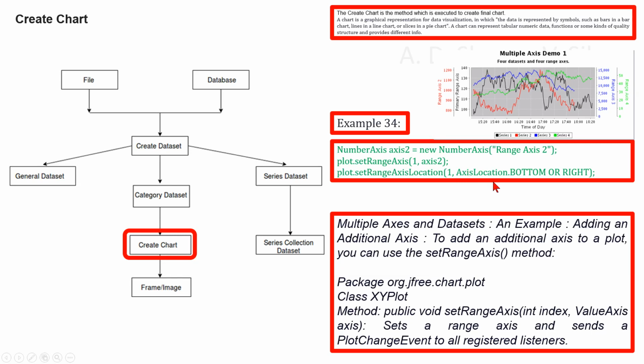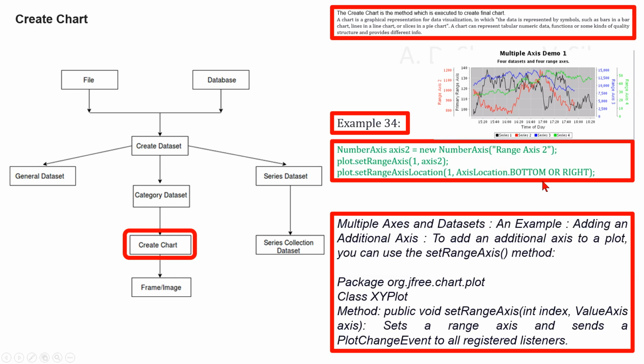An example is bottom or right, as is specified, which means for a range axis on the right if the plot has a vertical orientation, or the bottom if the plot has a horizontal orientation.